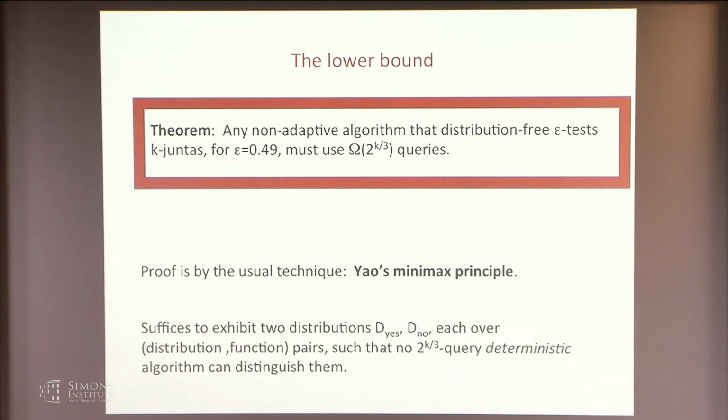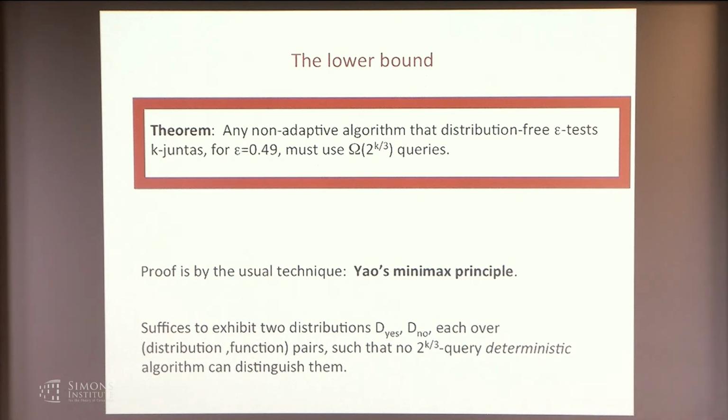So the technique for proving this non-adaptive testing lower bound is a very standard one. We go through Yao's minimax principle. Usually, if you're familiar with this line of work, for the minimax principle you say, OK, I just have to prove a lower bound over deterministic algorithms. So the job of the person proving the lower bound is to come up with a distribution over yes instances and a distribution over no instances. That's also our job.